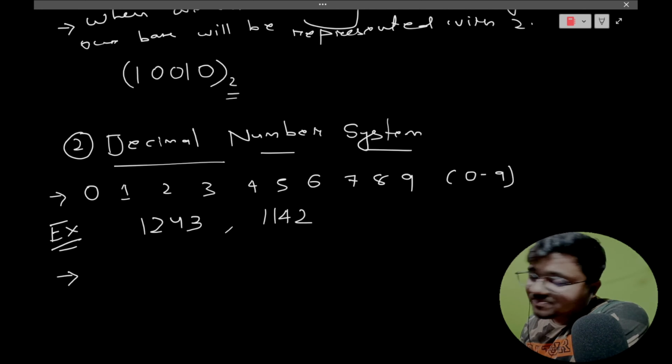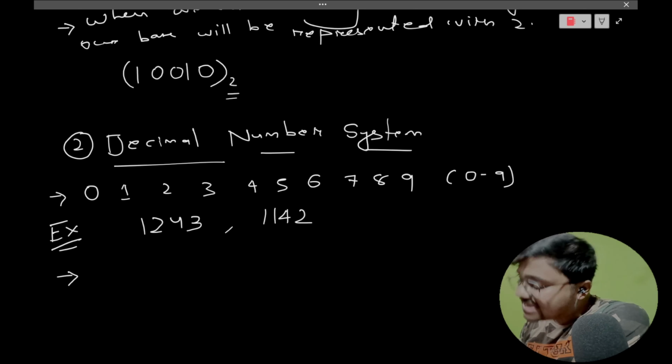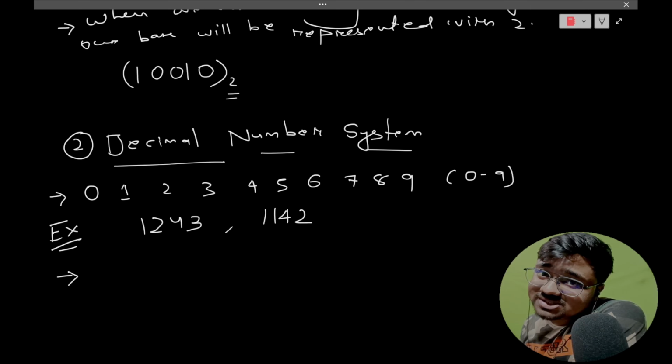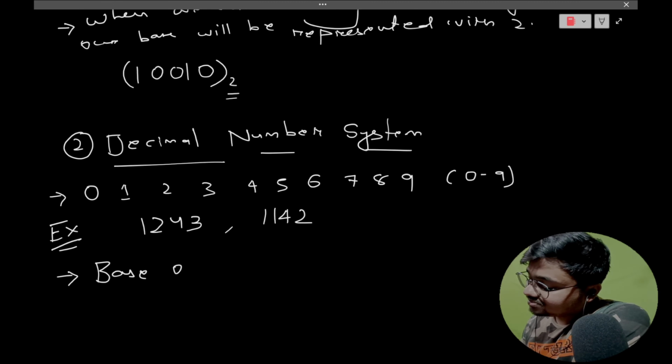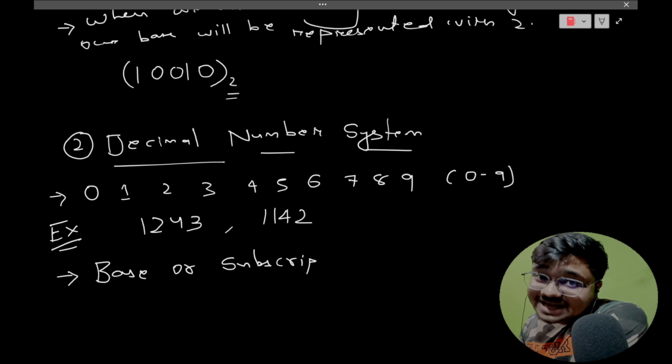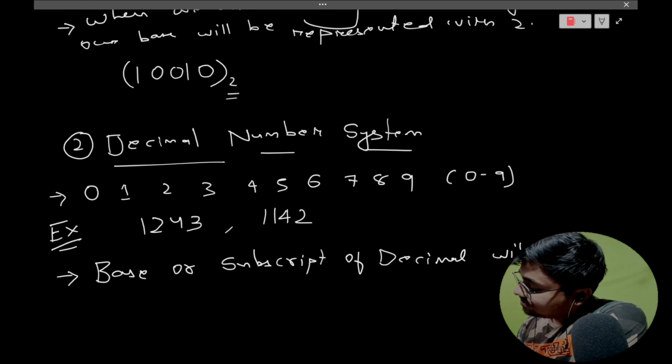Now talking about the base, do we have any base for the decimal number system? Yes, we do. Just count the different types of digits in the decimal number system. How many? 0 to 9. Is it 10? Yes. So the base or the subscript of our decimal number system will be 10.